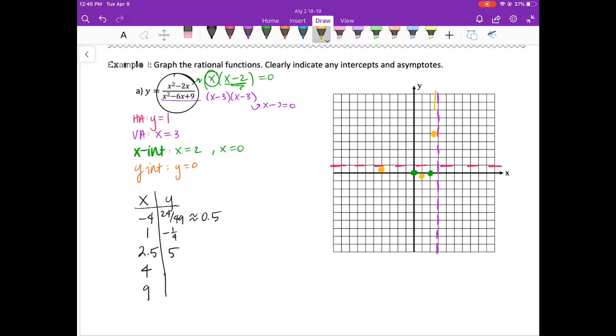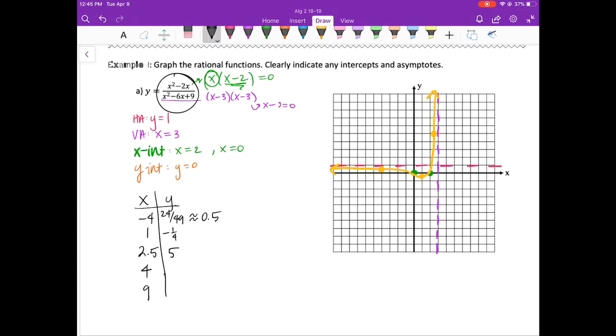Now, our graph still levels off at our horizontal asymptote, so it just does it like that. It crosses through it at that point. That's okay. We never said that our graph couldn't cross our horizontal asymptote. And yesterday, our functions were a little bit more predictable. Today, less so. So now we just have to plug in points to the right as well and see what else is happening.